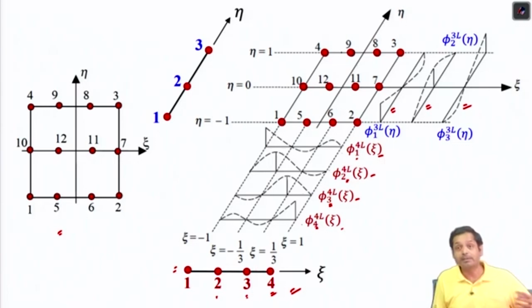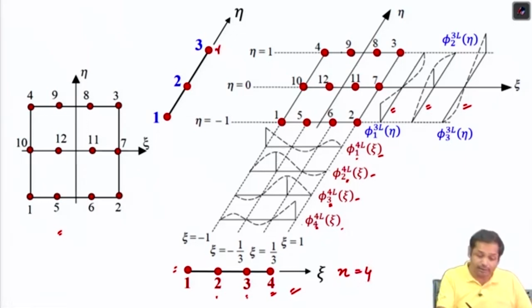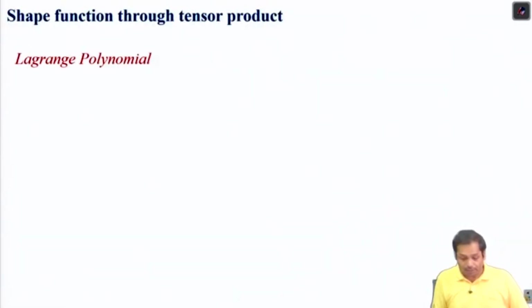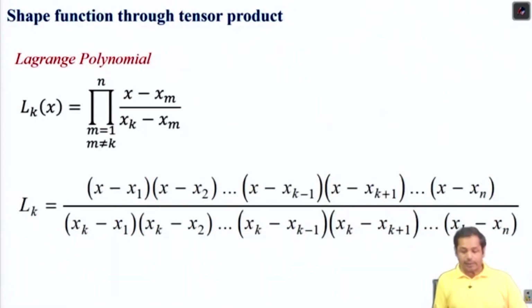So when we compute the shape function using the Lagrange polynomial, for this direction n will be 4, and for this direction n will be 3. Okay, so this is the Lagrange polynomial we already know, right? This will give us the interpolation function for any number of nodes in one dimension.